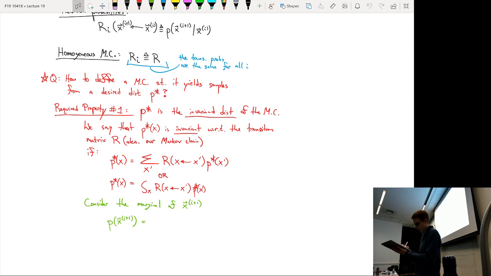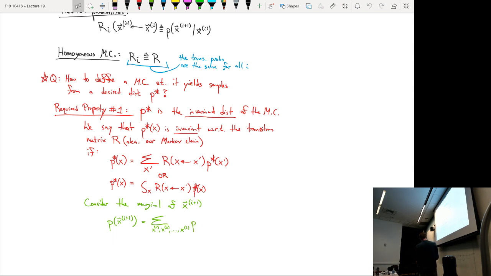So this is a sum over all x^1, x^2 up to x^i, where we take the joint probability of all of these. That's what a marginal probability is.